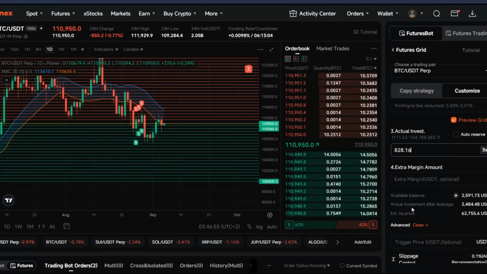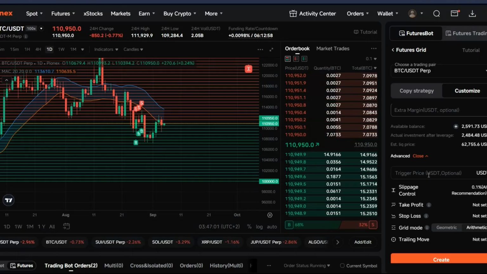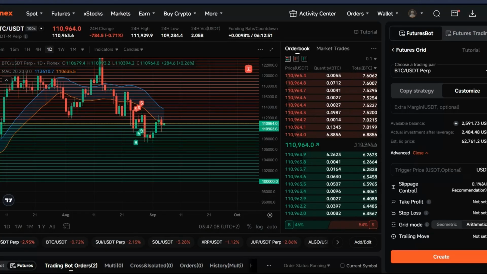And as you can see, the actual investment is going to be 2484. So it's the same. And what I want, if this is close, and you can see it just in advance, expand. If I click now create, the bot is gonna start at this price.